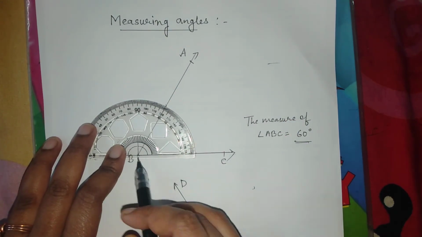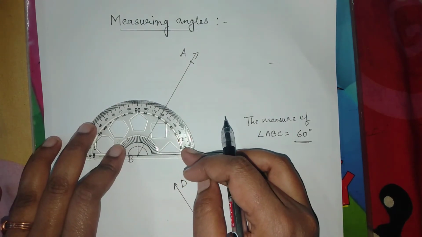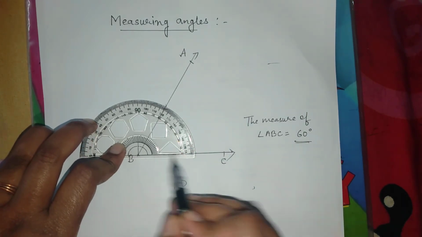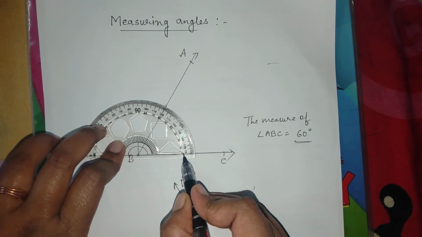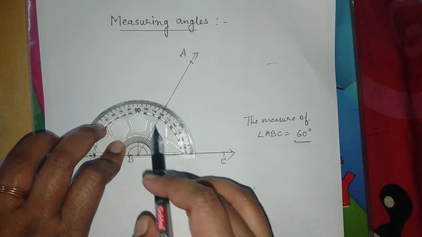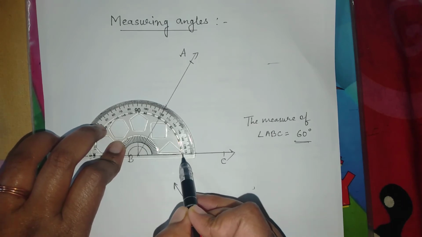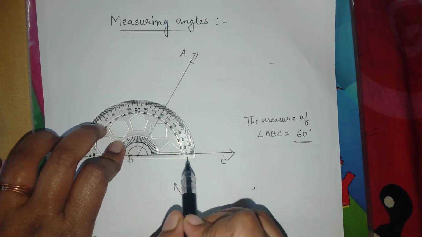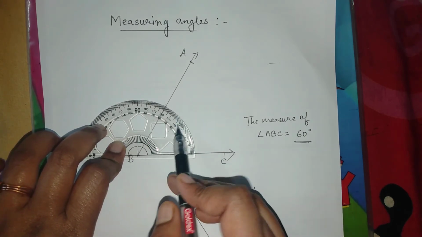On arm BC, on ray BC. Now look at the scale where arm BC along the baseline points to 0.0. Here the 0 point is on the inner scale, so we have to use the inner scale. If you get 0.0 along the baseline on a scale, that is the scale you have to use.